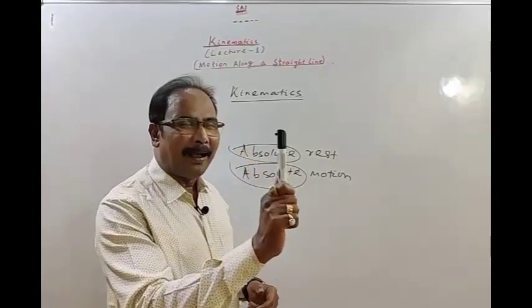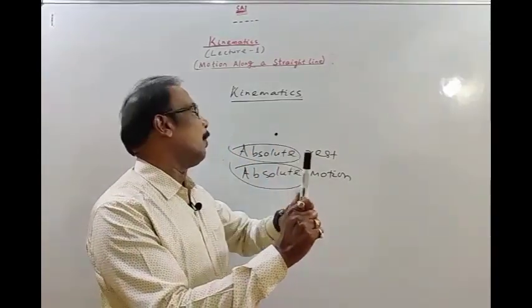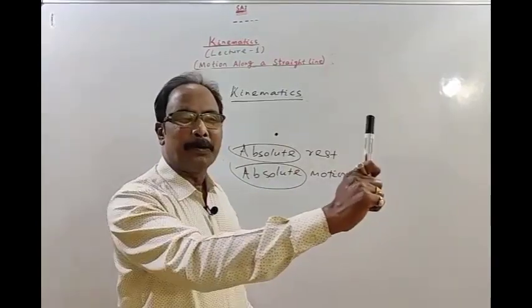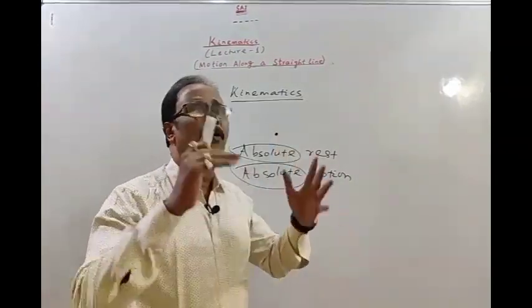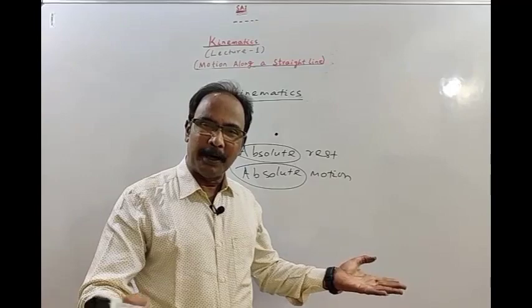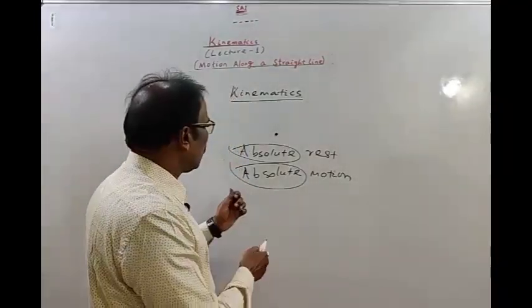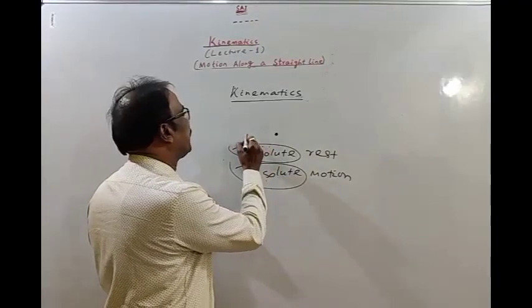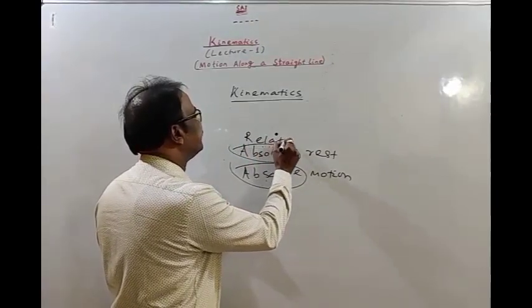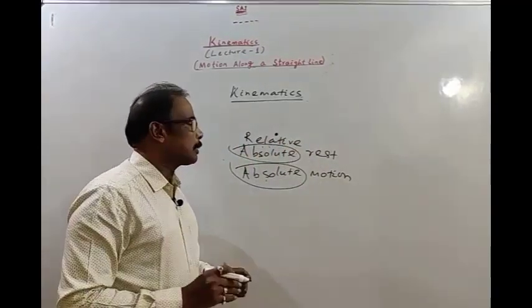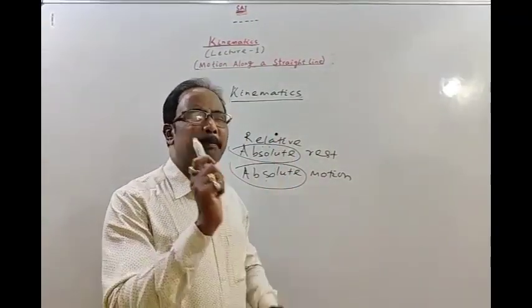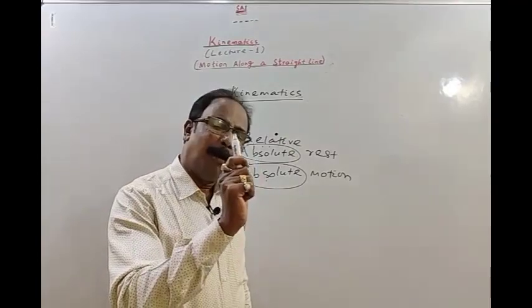A body is at rest with respect to, or with relation to, the reference point, or a body is in motion with respect to, or with relation to, the reference point. So, all conditions of rest and motion are not absolute but relative. Okay. Thus, a body is at rest with respect to the reference point means this body is at relative rest.